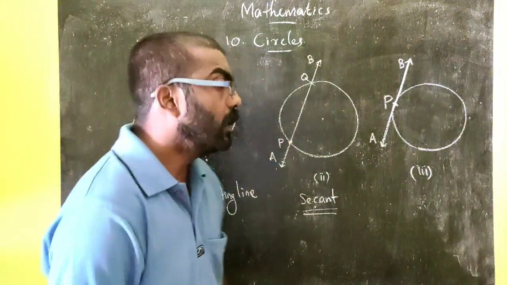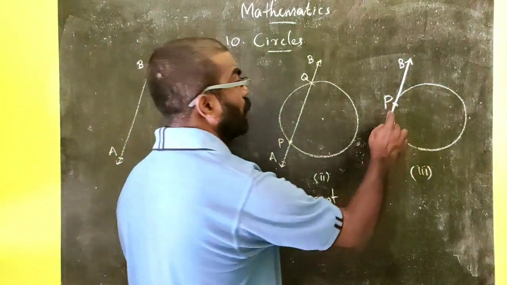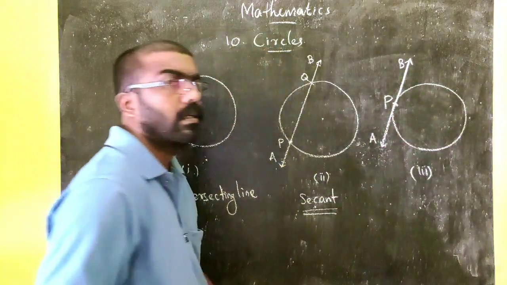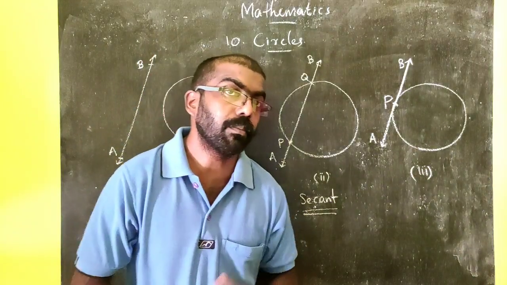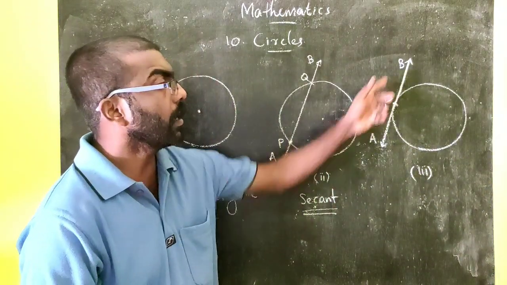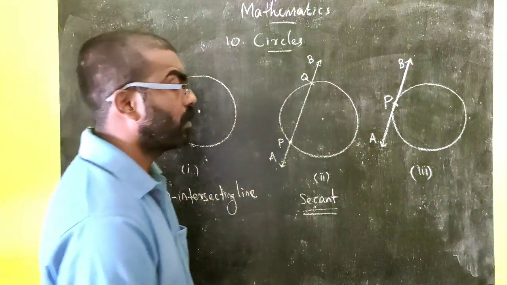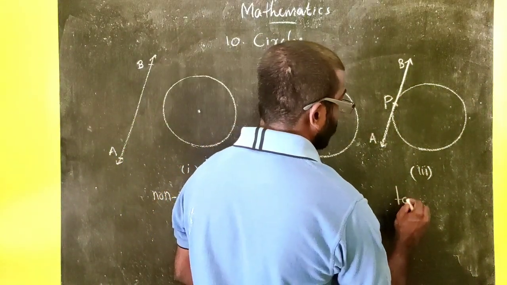Now in figure 3, there is only one point P which is common to the line AB and the circle, and in this case the line AB is known as the tangent to the circle.